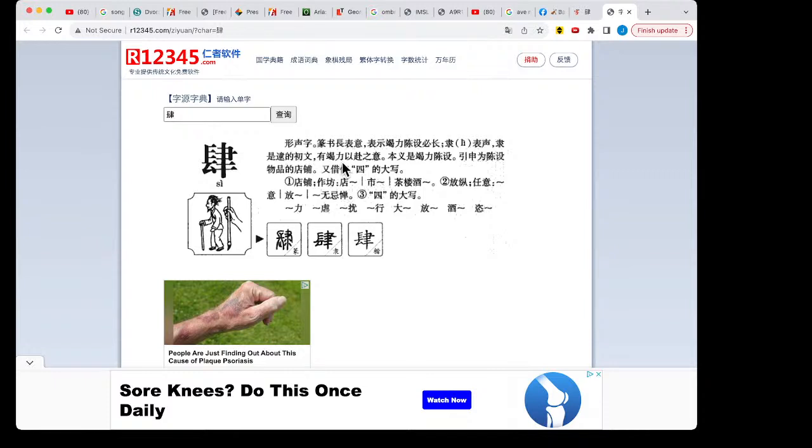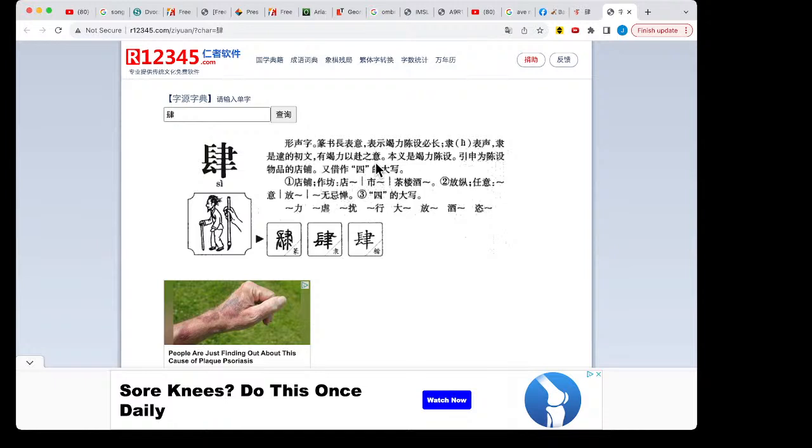This is the original character for dai, which has the meaning of exerting oneself to the full extent, which means do the best you can. So this means do the best you can to present, to show.